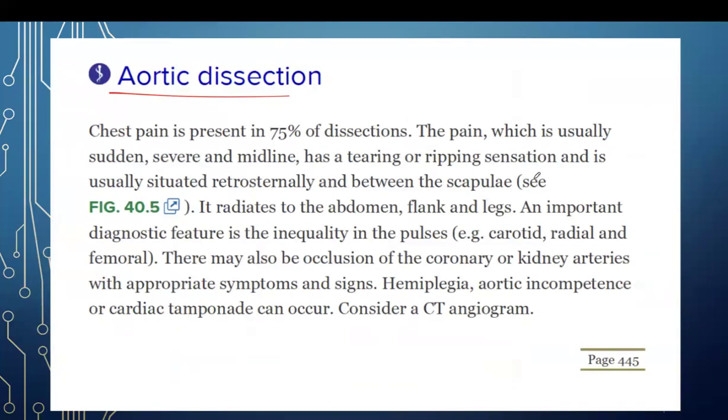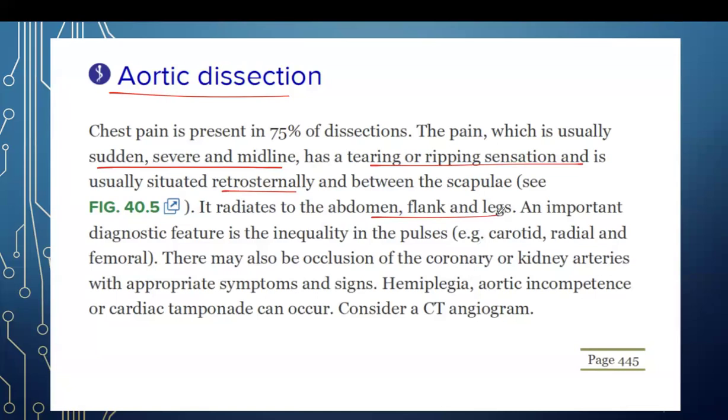Okay, aortic dissection. So aortic dissection is a condition where there is a tear in the aorta. And the patient will come to you with a sudden severe ripping, tearing sensation in their chest, usually retrosternal, and it radiates to the back, or sometimes it can even radiate to the abdomen, flank, or anywhere.